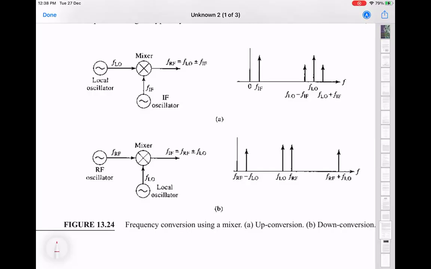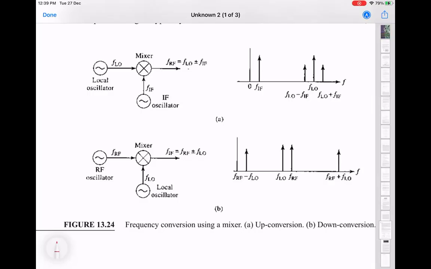This comes from the fact that the mixer is actually multiplying the signals at LO and IF. So if you consider them as sine omega 1 t and sine omega 2 t, if you multiply sine omega 1 t into sine omega 2 t, from the trigonometric identity, you know that it will create a term which has a frequency omega 1 plus omega 2 and a frequency omega 1 minus omega 2. So if omega 1 is LO and omega 2 is IF, that's what you get: omega 1 plus minus omega 2.